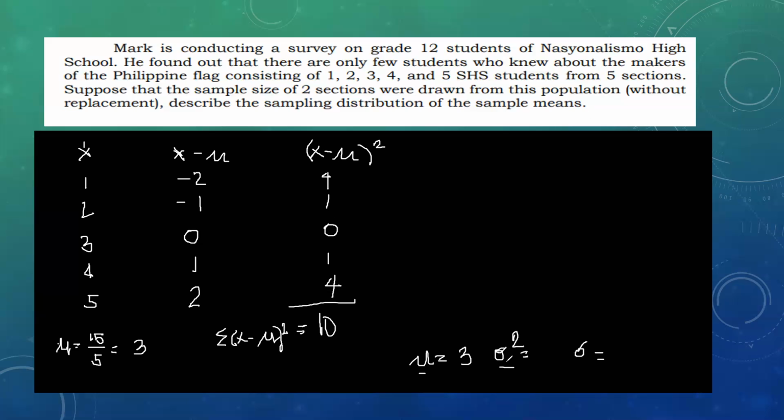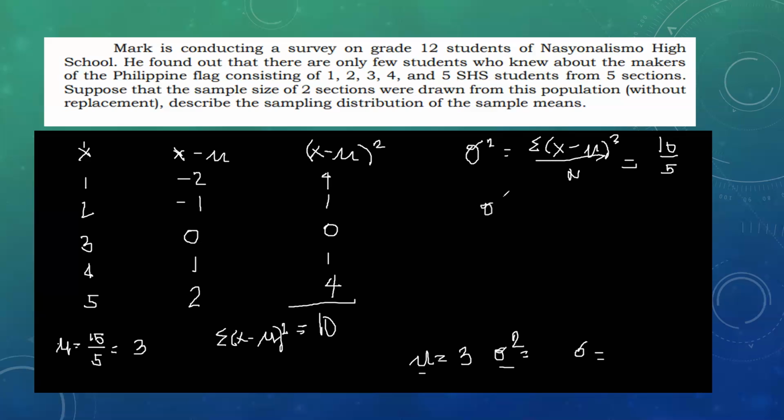And in order to look for our variance, we have to divide the summation of x minus mu squared over n. So it happened to be 10 divided by 5.